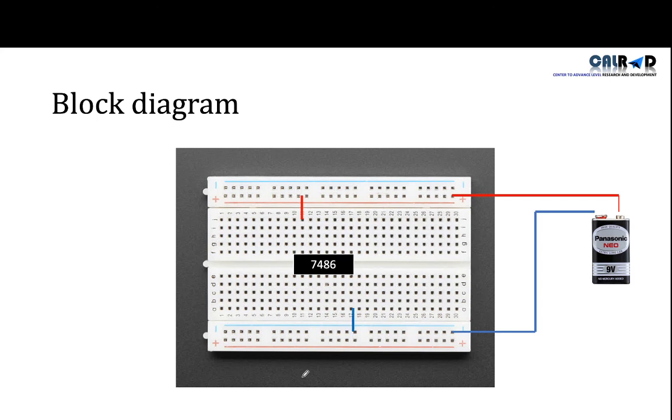Pin 7 we will connect to the negative terminal, or ground, and pin 3 is the output, which is connected to the positive of our LED. The negative of the LED is connected with a jumper wire to the negative terminal, and pins 1 and 2 are for inputs.